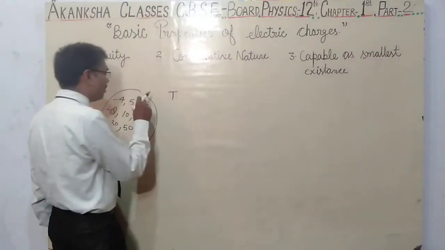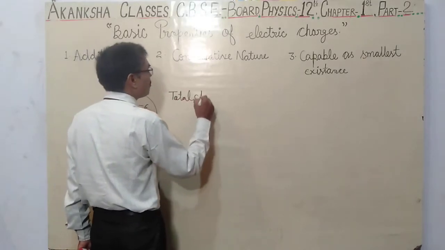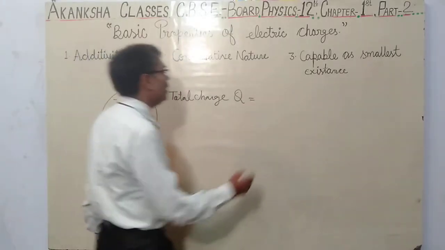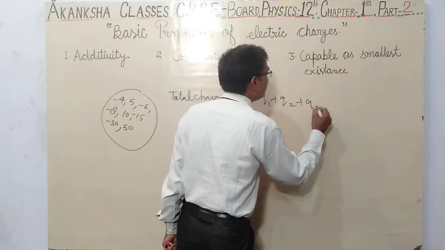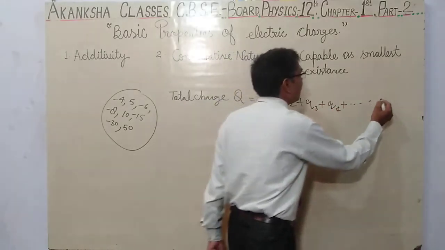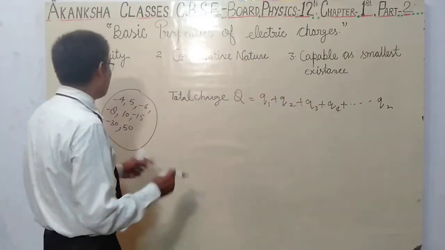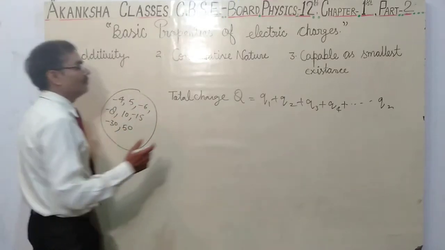Total charge on this system, capital Q, equals Q1 plus Q2 plus Q3 plus Q4 plus ... Qn. This is the simplest way to find the total charge on a system.